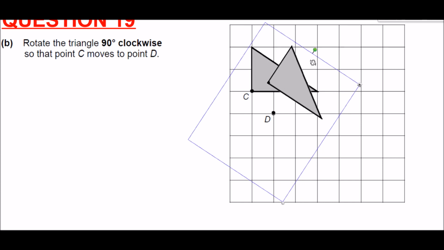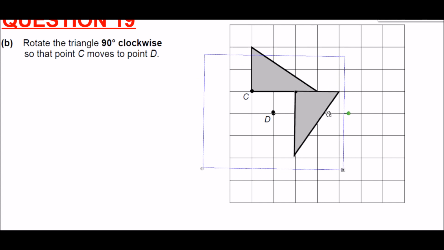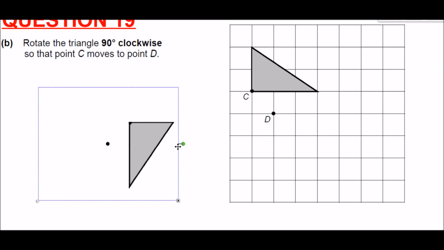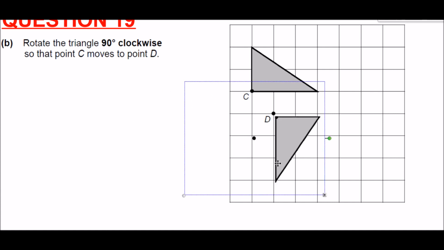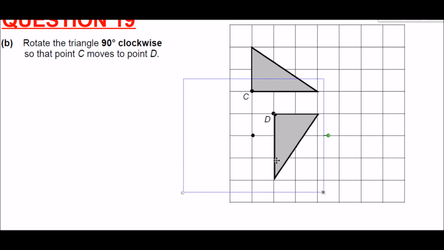So I'm going to just turn it on its side so it becomes like this. And that'd be all well and good if only point C had moved to point D. What's happened here is point C, the corner bit, the right angle, needs to be on top of point D. So we need to move it over and just pop the triangle on top of point D there, and then we're done. It's been rotated and it's in the right place.